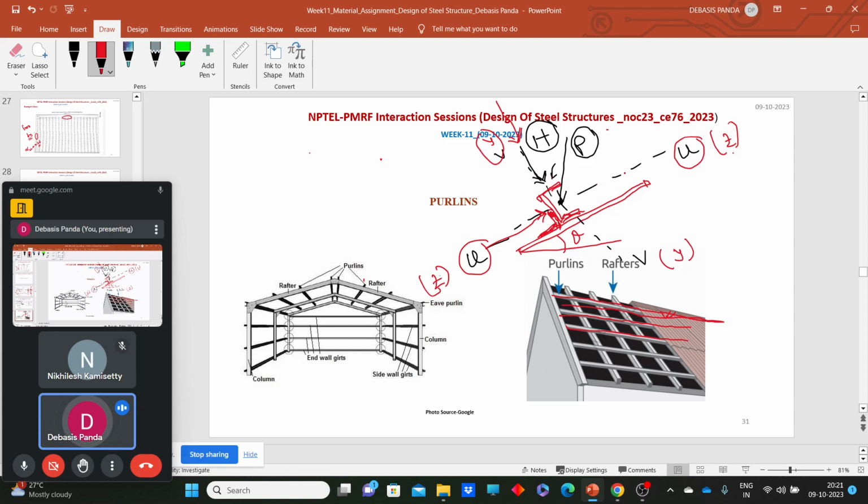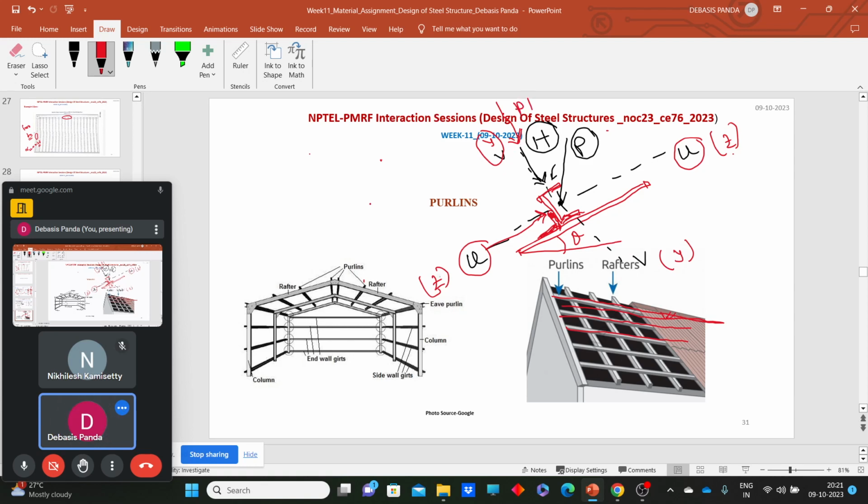So if I consider this, it is nothing but your P dash value. What is that P dash? P dash is nothing but the total component of load acting perpendicular to the roof, or we can say the total component of load acting along the YY axis of the purlin. If this is theta, then obviously this will be theta. So what should be the value of P dash?